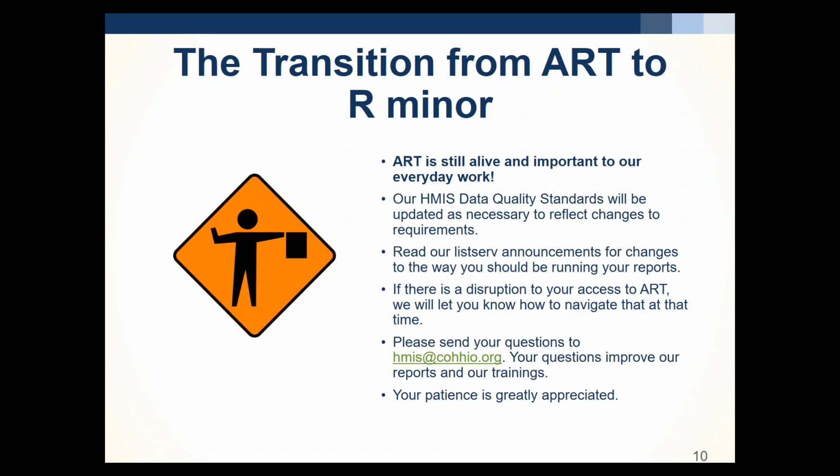We know change is hard and we don't love it, but we really do appreciate your patience and your ideas. If you have any questions or ideas as to how to improve the reporting or anything like that, please send an email to hmis@cohio.org.